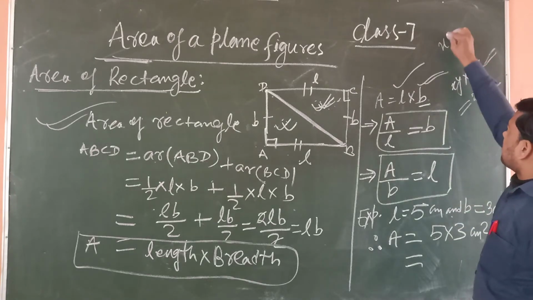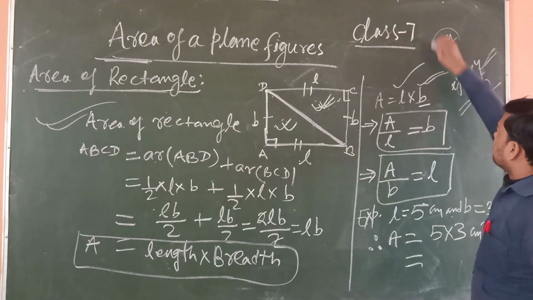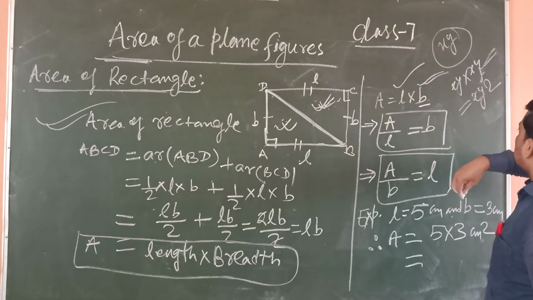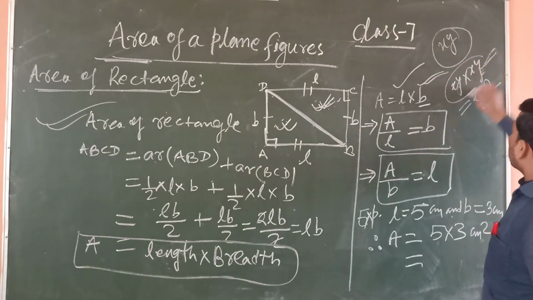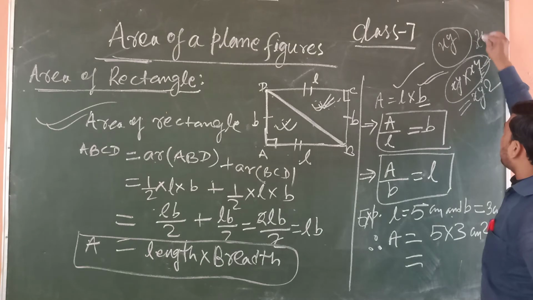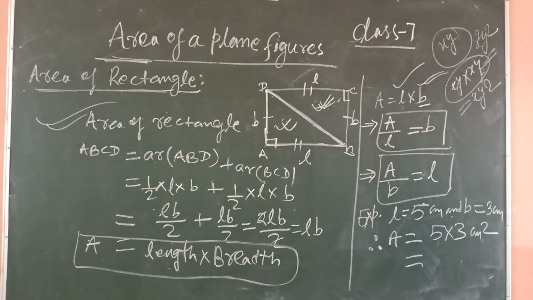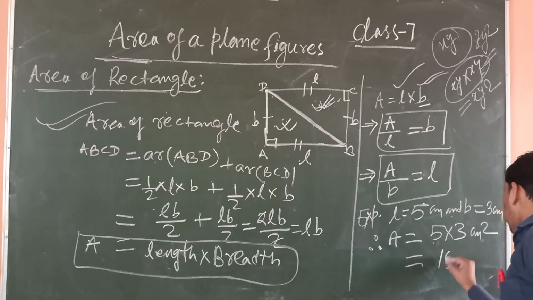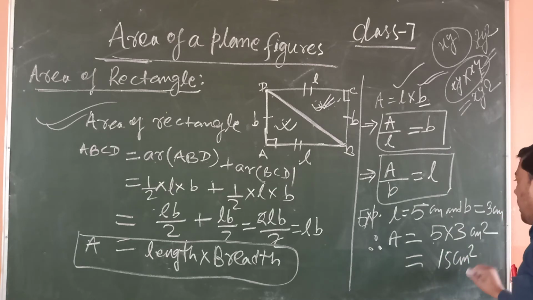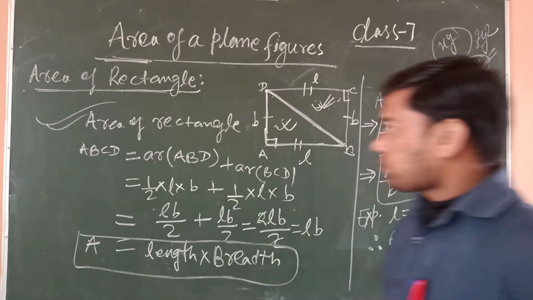If x and y both are variables, then the product will be x square y square. 5 into 3, 15 cm square. Area of rectangle is 15 cm square.